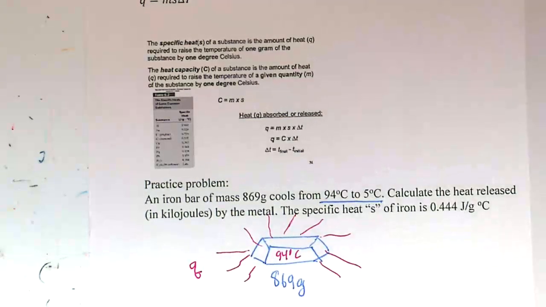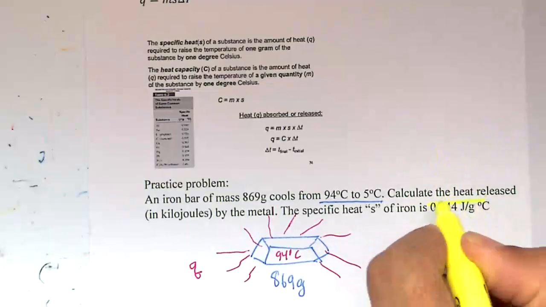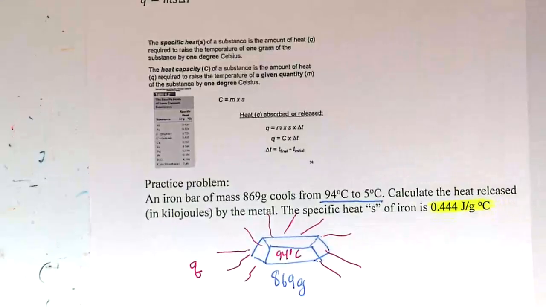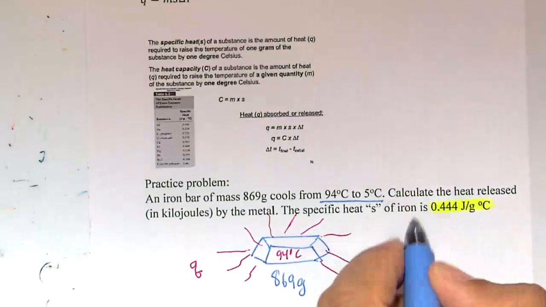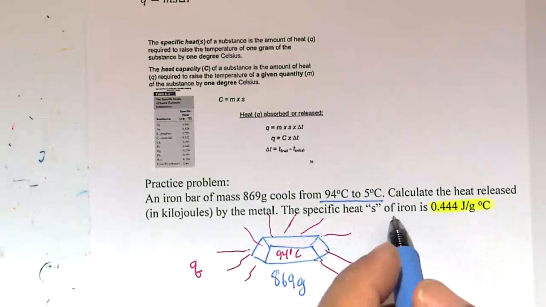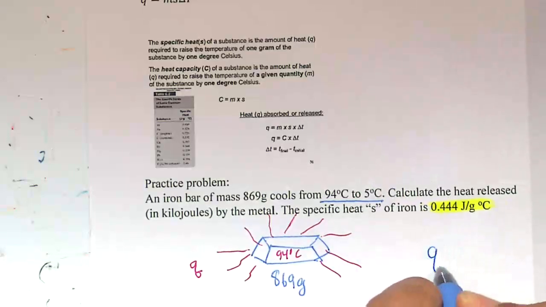So we have our specific heat here as 0.444 joules over grams degrees C. Alright, I'll give you this equation. I'll give you the specific heat constant.